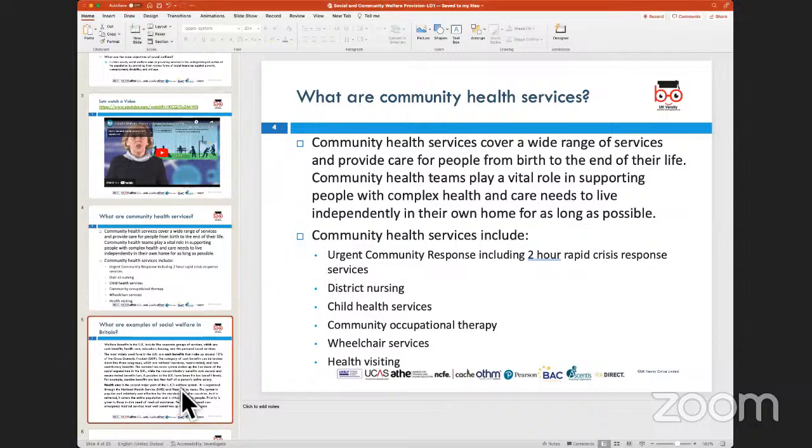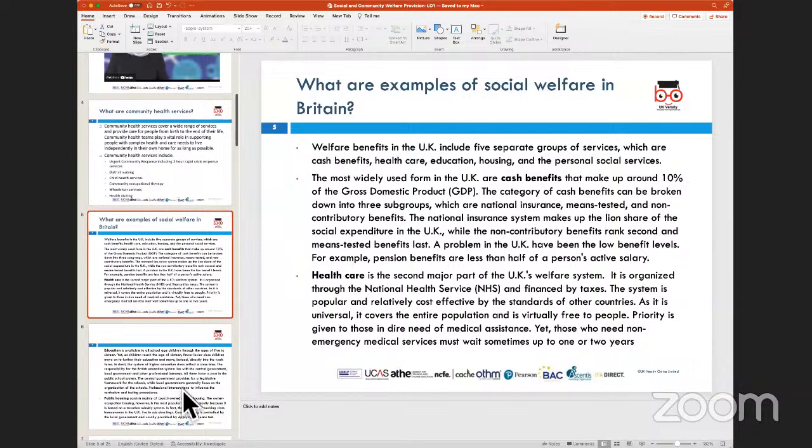Now, one of the other points which I also mentioned, about why this unit is important and why we are studying social and welfare provision, is because Britain is a welfare state. So when we talk about welfare, what do we mean by welfare? These welfare services include five separate categories or groups of services: cash benefits, healthcare, education, housing, and personal social care services.